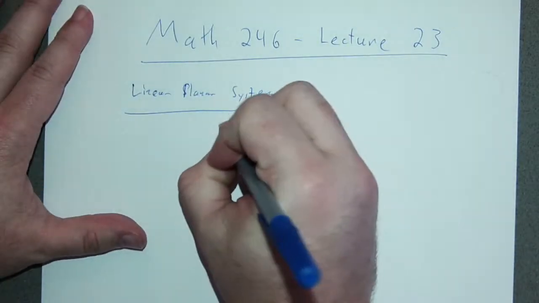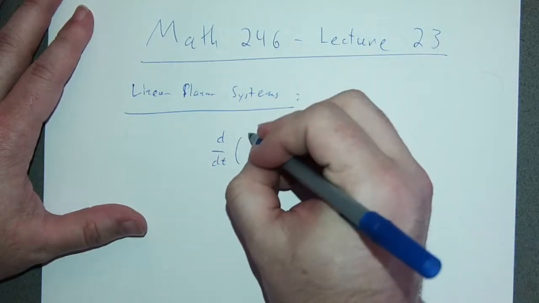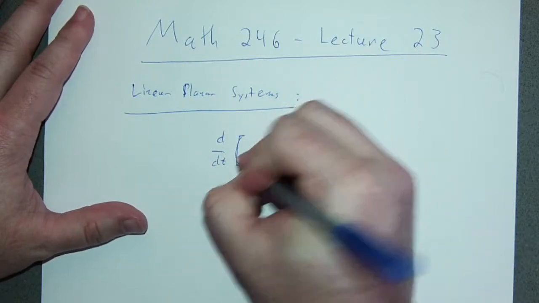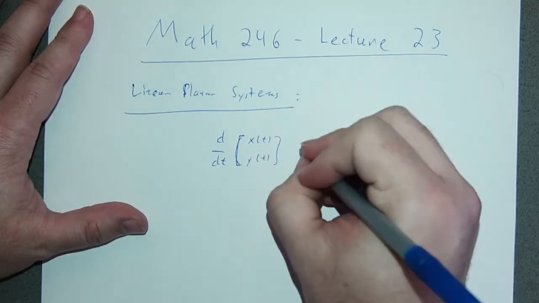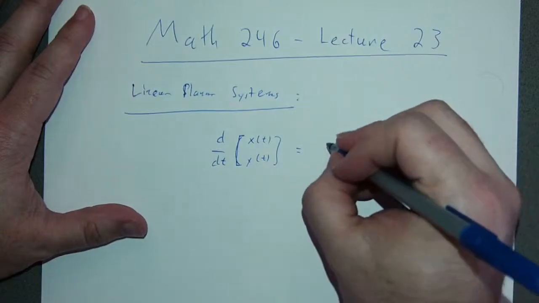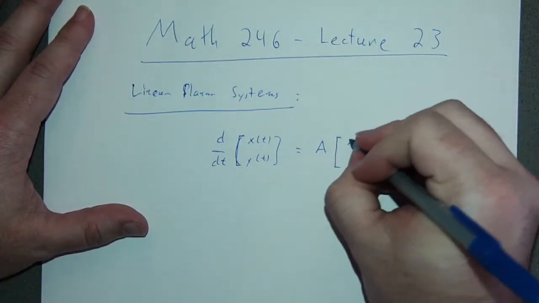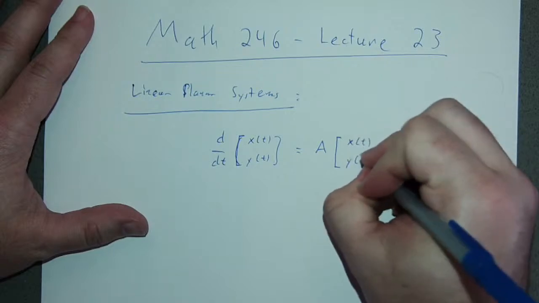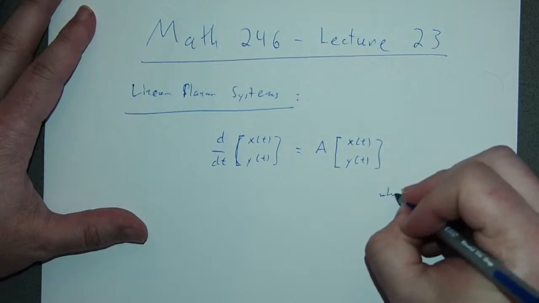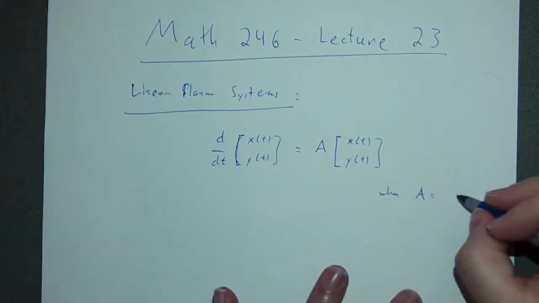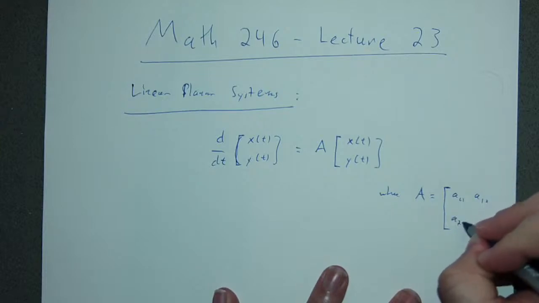So our linear planar systems look like this: d/dt of (x(t), y(t)) equals matrix A times the solution vector (x, y), where A is our generic 2 by 2 matrix, A11, A12, A21, and A22.